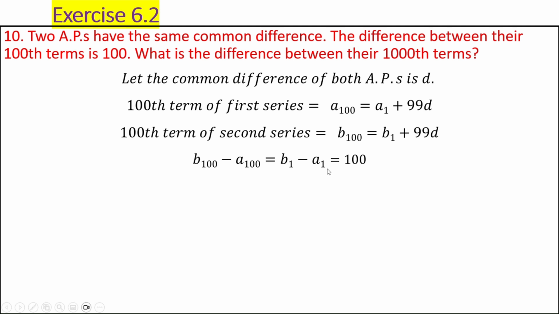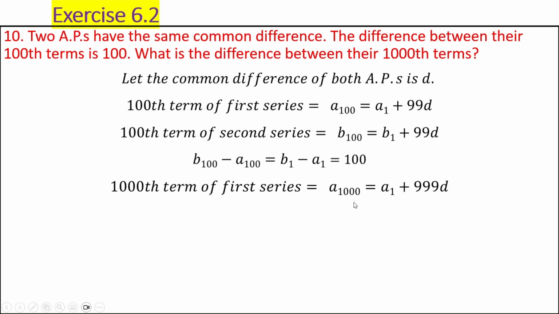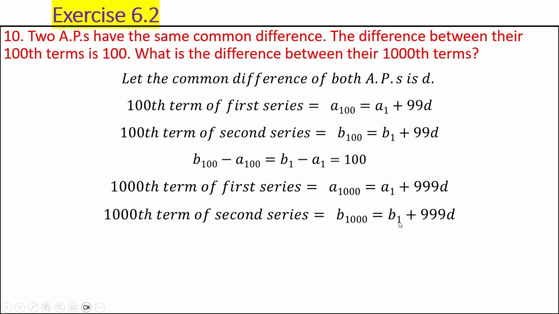So B1 minus A1 equals 100. Now the 1000th term is A1000 equals A1 plus 999D, B1000 equals B1 plus 999D. So B1000 minus A1000 equals B1 minus A1, again the same, which is equal to 100. We already know, so that is also 100. The difference in every relative term between the two APs is the same, because the common difference is same.